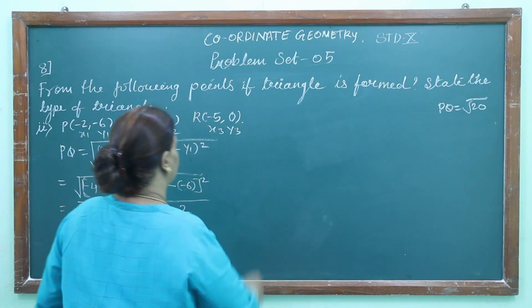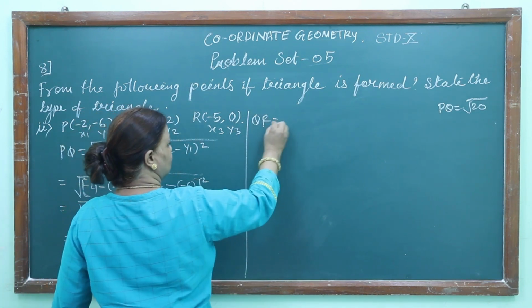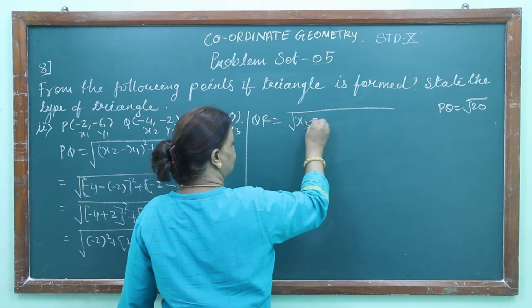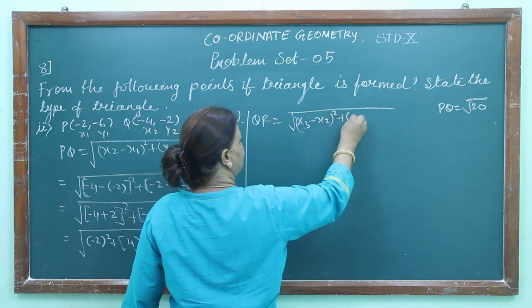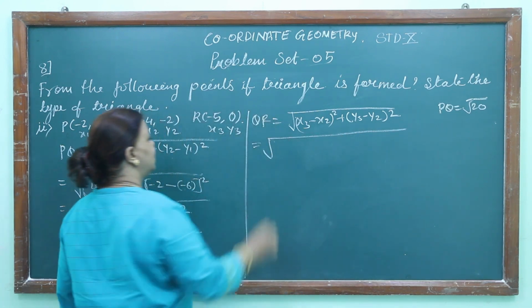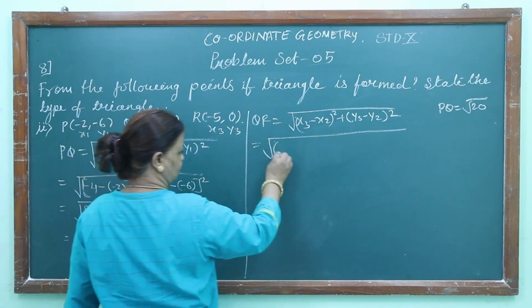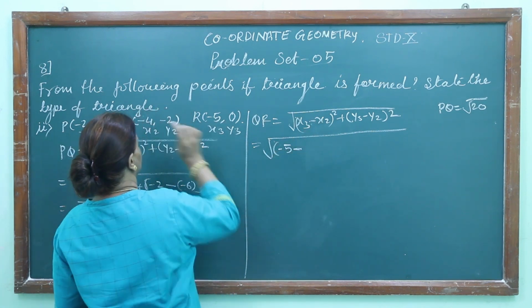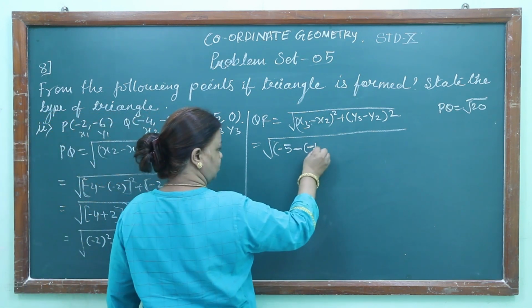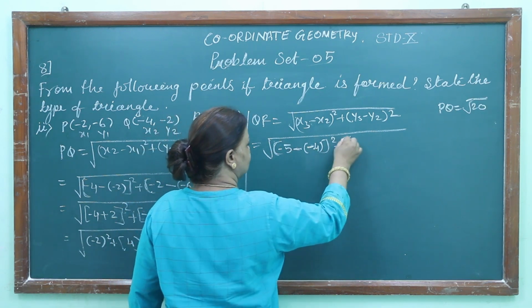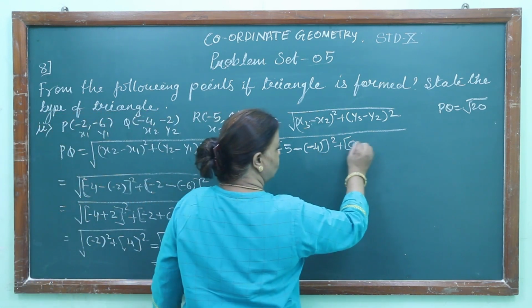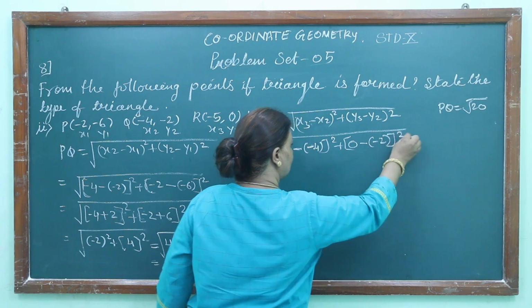Now let us find out QR. Under root, QR is x3 minus x2 the whole square plus y3 minus y2 the whole square. Now x3 is what? Minus 5 and minus x2, that is minus 4, the whole square plus y3 is 0 minus minus 2, square bracket.